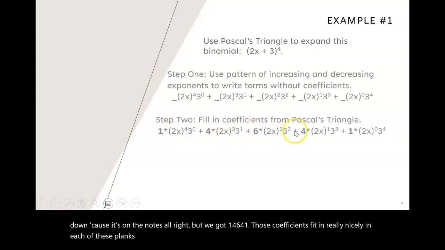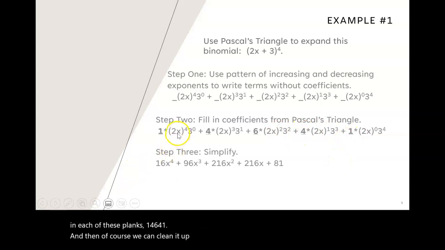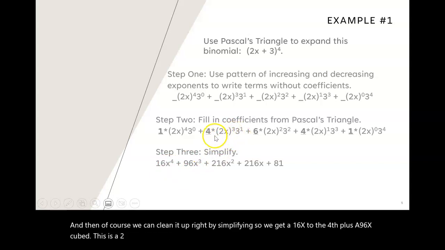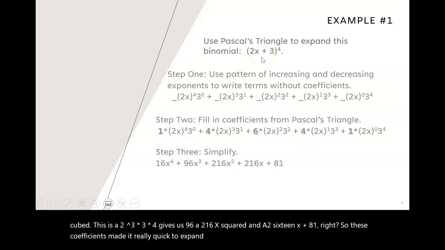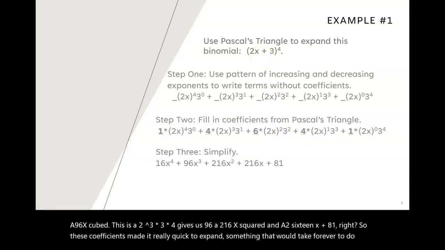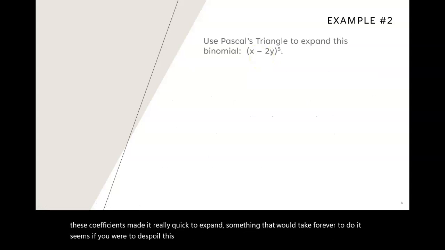Then we can clean it up by simplifying. We get 16x to the 4th plus 96x cubed, since 2 cubed times 3 times 4 gives us 96, then 216x squared, 216x, plus 81. These coefficients made it really quick to expand something that would take forever if you were to just FOIL it out.